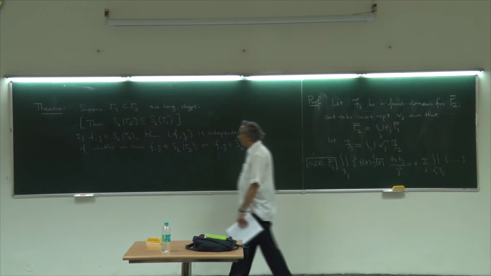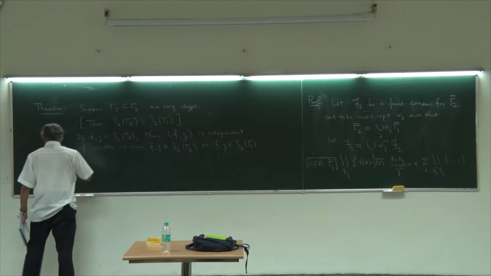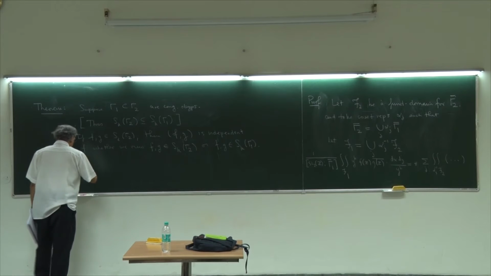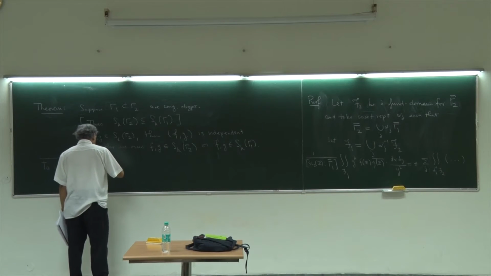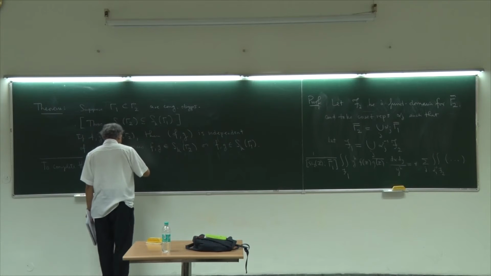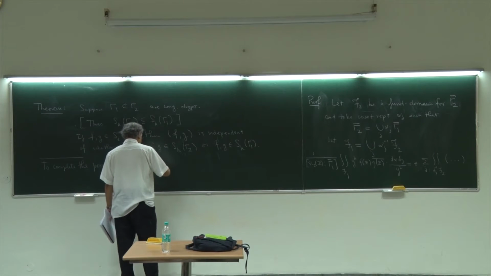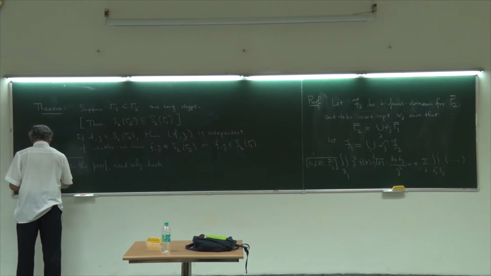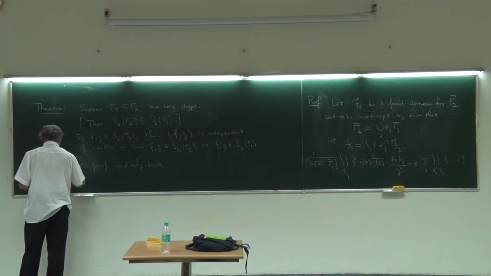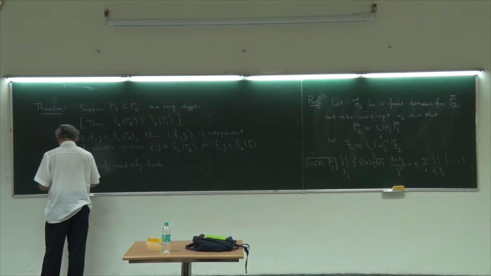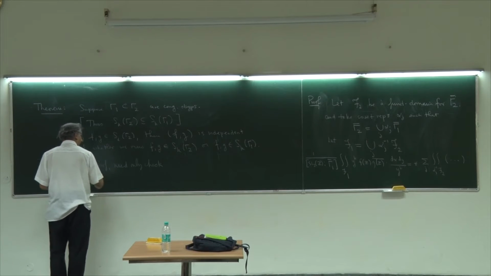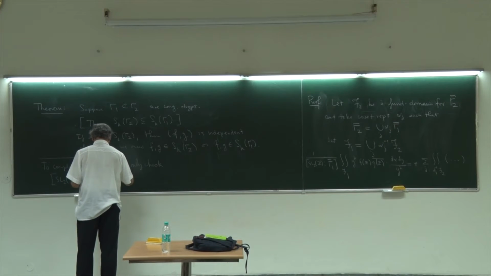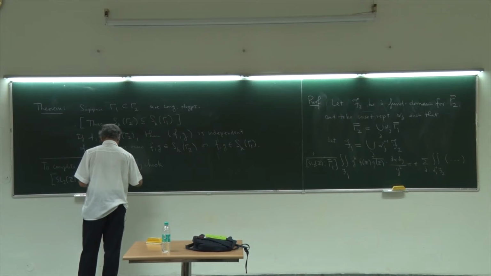And all you need to do is verify to complete the proof. Need only check that the indices match. So we need only check that the index of SL2Z over gamma 1 bar is equal to that of SL2Z over gamma 2 bar.